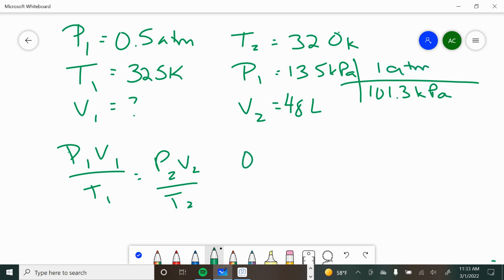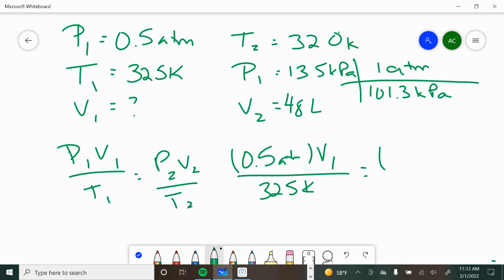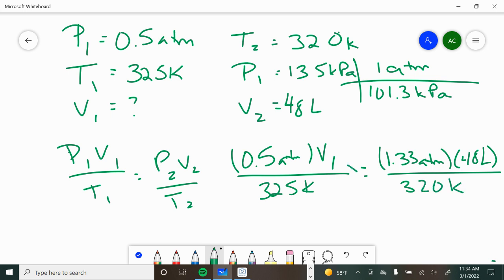All right, so 0.5 atmospheres times V1 over 325 equals 135 divided by 101.3, which is 1.33 atmospheres, times 48 liters divided by 320 K. Cross multiply and divide.